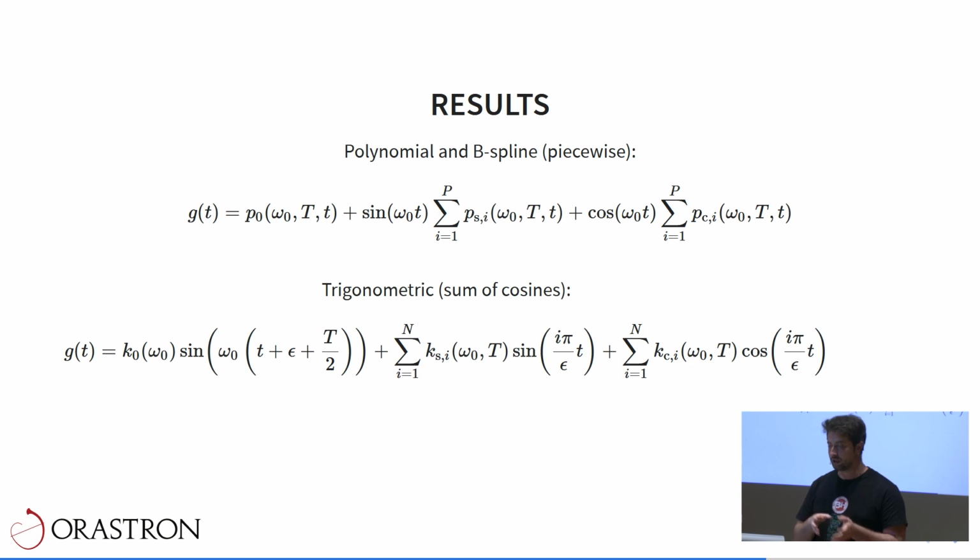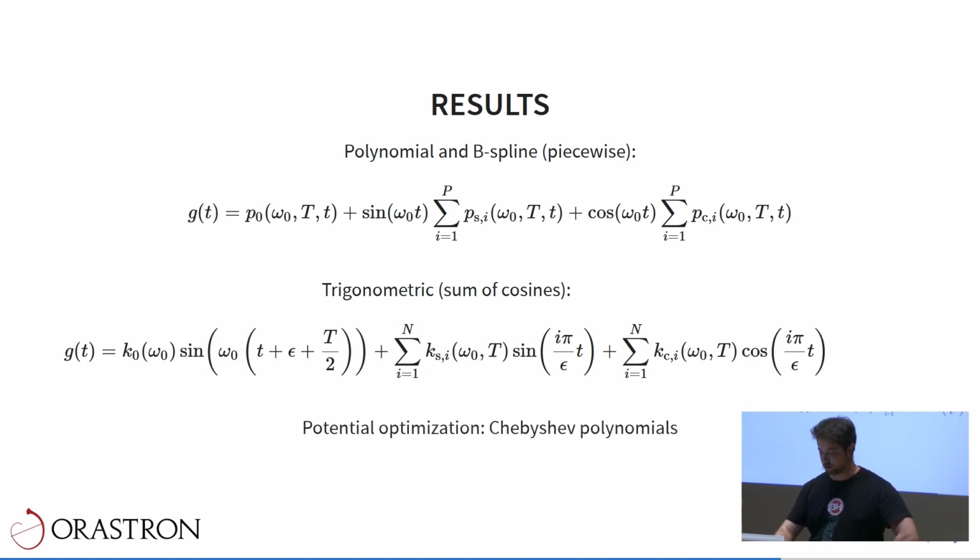Essentially, for polynomial and B-spline kernels, you need to compute just a few polynomials, one sinusoid and one cosine. This is per residual. For the trigonometric kernels, instead, we have to compute multiple sinusoids and cosinusoids, and we have a few constants that depend on the frequency of the signal.